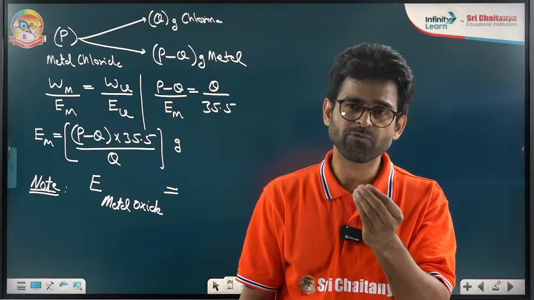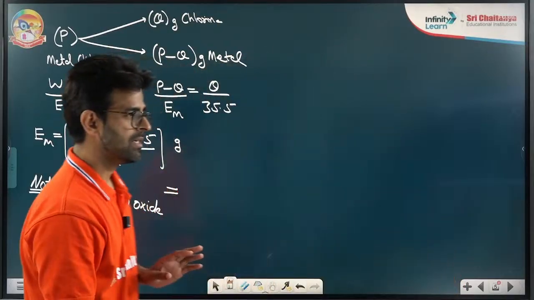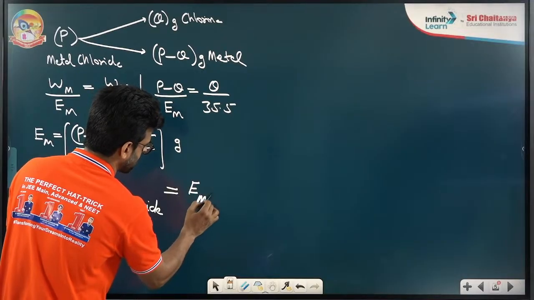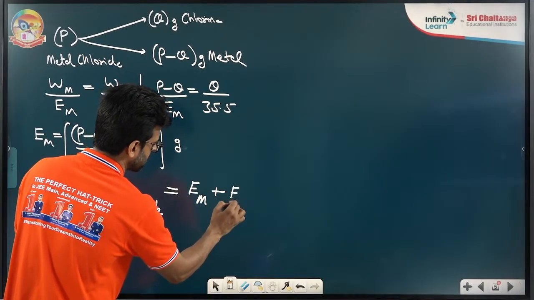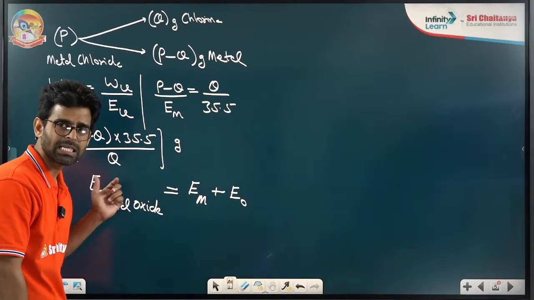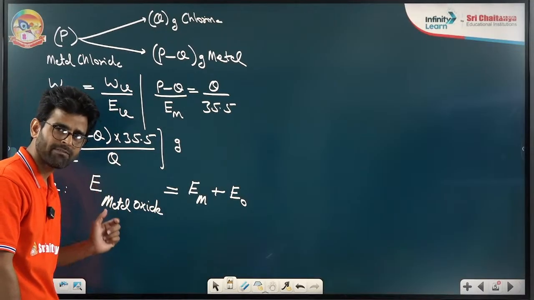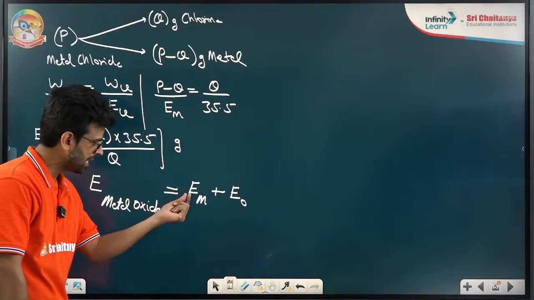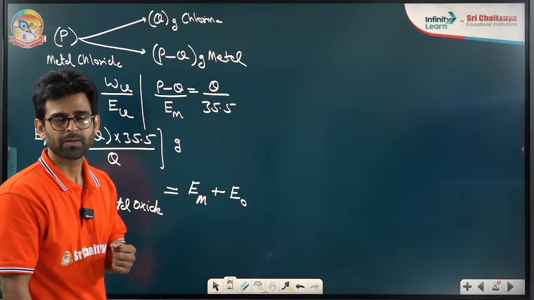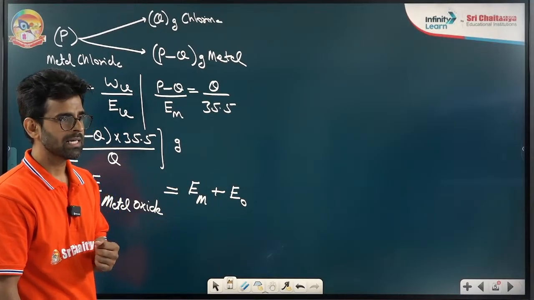Even if I don't know the formula, I can say that the equivalent weight of metal oxide will always be equal to equivalent weight of metal plus equivalent weight of oxygen. Getting my point?